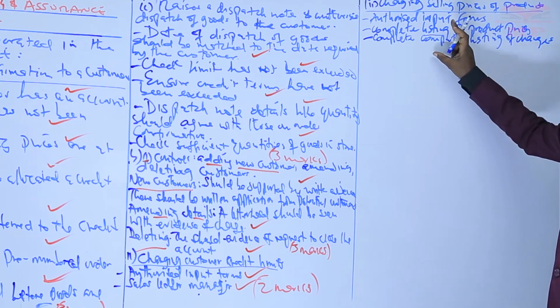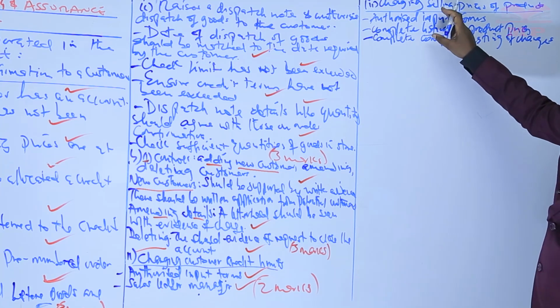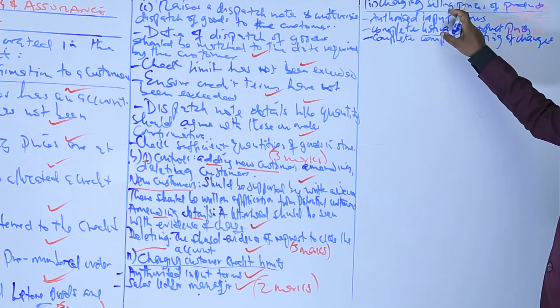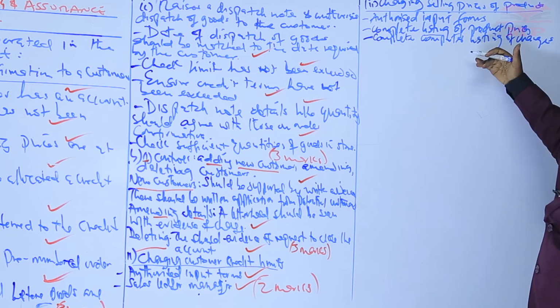These are changes that are made to the product prices. So the list should be a complete computer listing of changes.